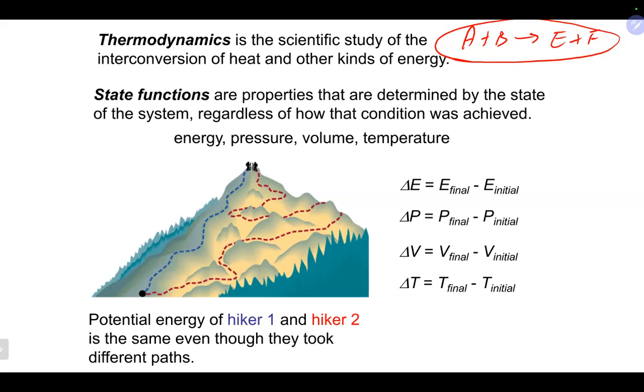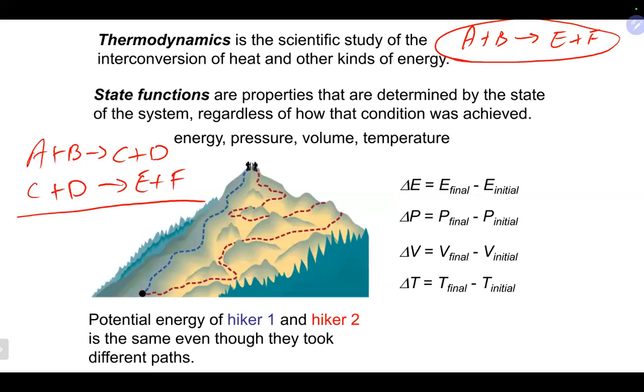So for example, maybe A plus B makes C plus D, and then maybe C plus D react to make E plus F. And if we add these reactions together, anything on opposite sides of the arrow will cancel. So the C's will cancel, the D's will cancel, and that will give us our overall reaction of what we're looking for. So in this particular case, maybe this does occur in a multiple step process, which is what a lot of reactions really do.